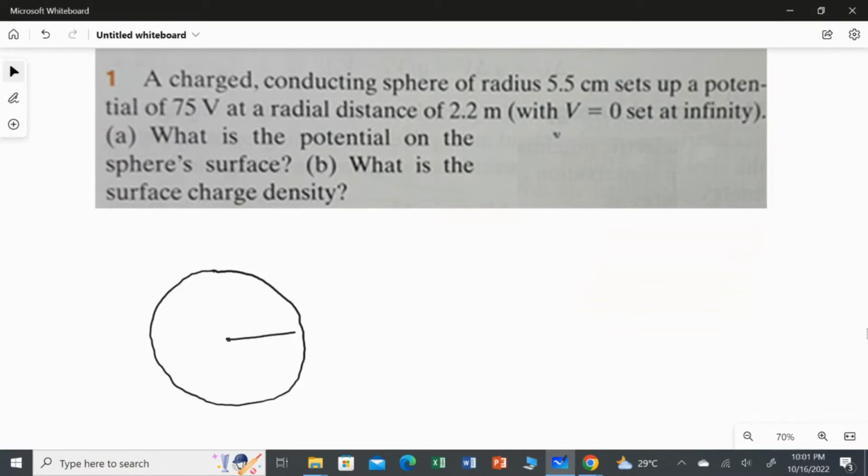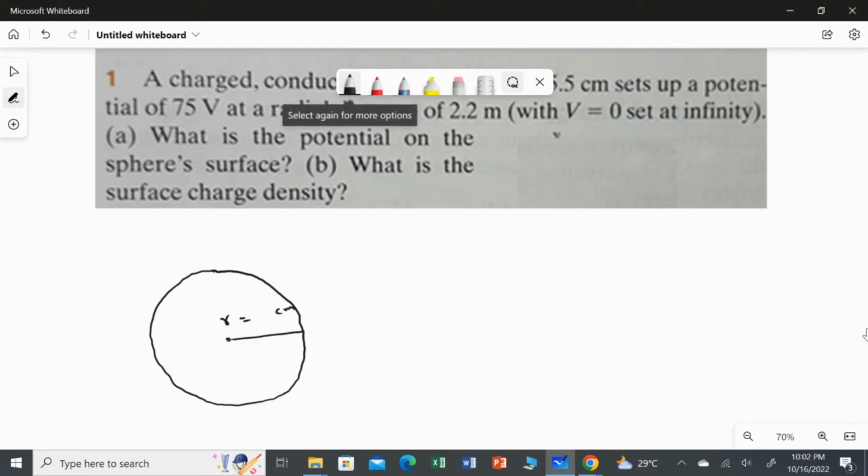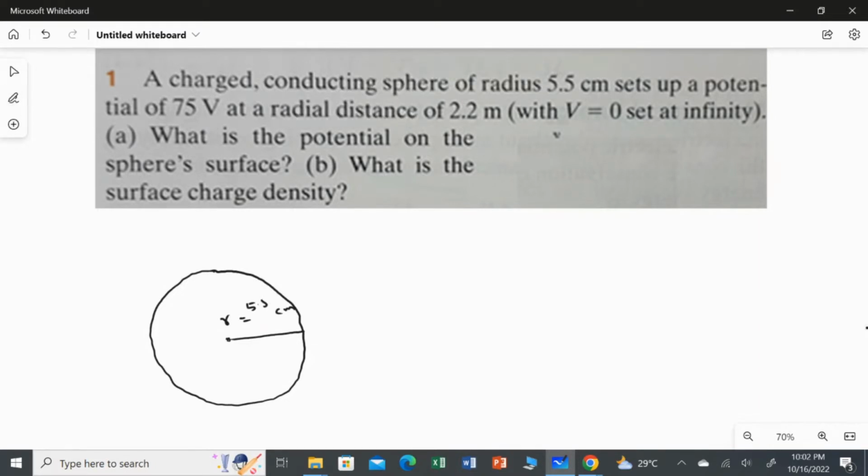The radius of the sphere they mention as R, which is equal to 5.5 centimeter.